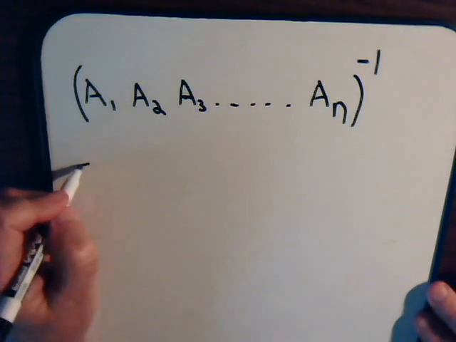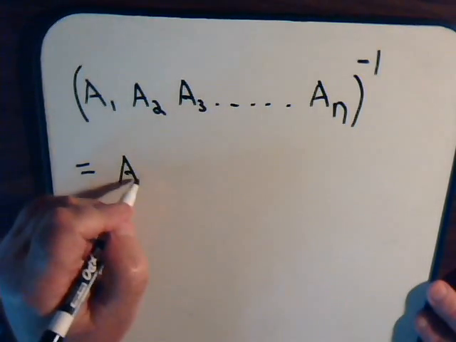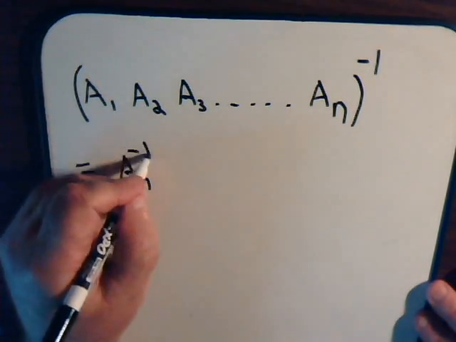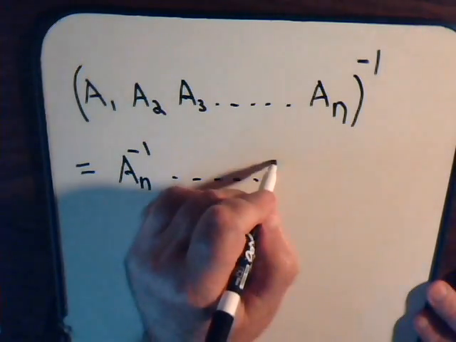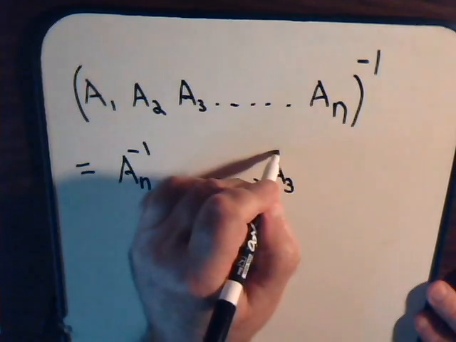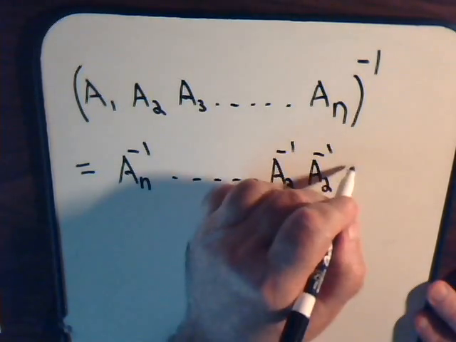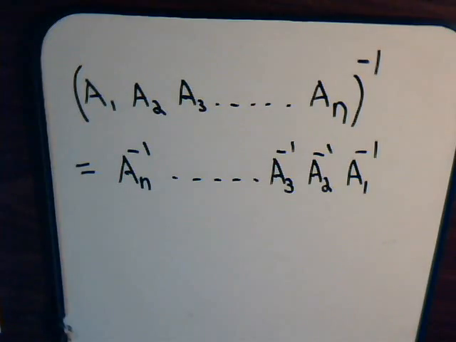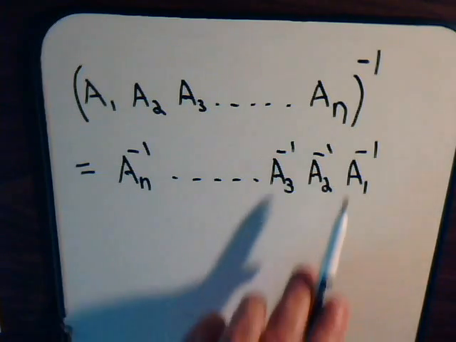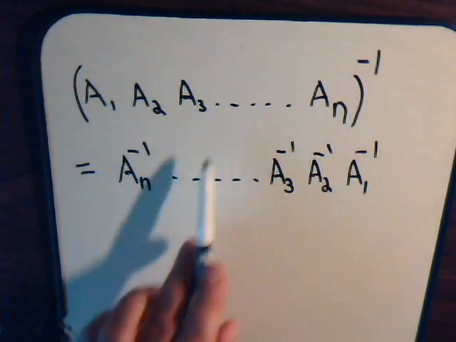Then the inverse would be equal to this. That comes first. Then we keep going down the line. So finally we would have it like this. It would be the inverse of each individual matrix, but you start at the last one, it becomes the first one, and then you proceed along.